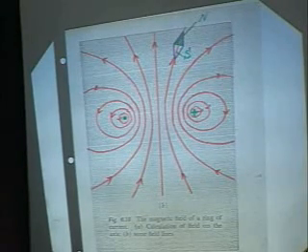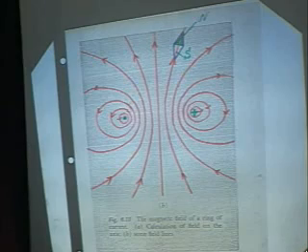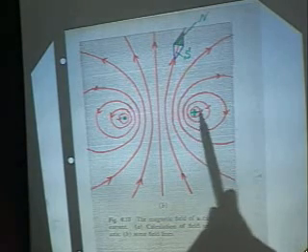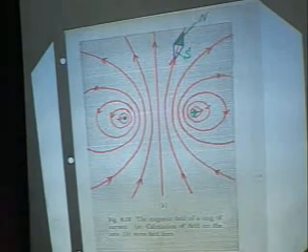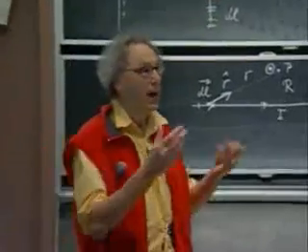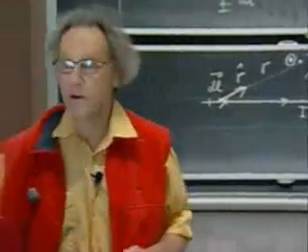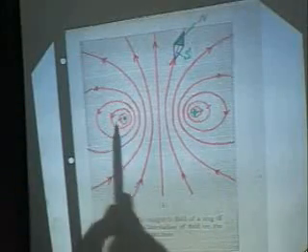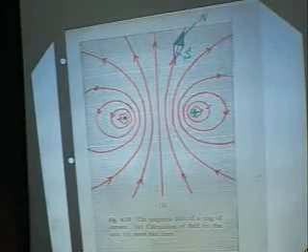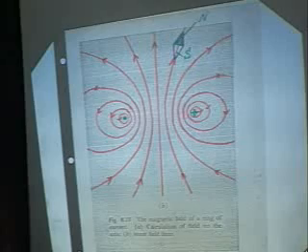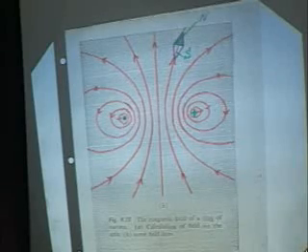It's not too different from what I have on the blackboard. Very close to the wires, of course, you get circles, because the 1 over r dominates there. You're so close to the wire that the 1 over r relationship makes it come out like circles, and here too. But then, if you're farther away, you get configurations like I have there.